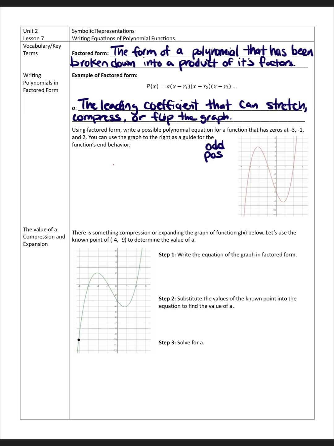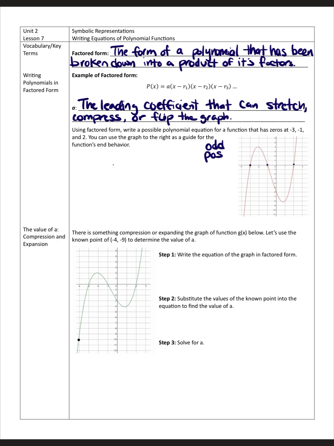So that means that this graph is going to be an odd degree. And we can guess by looking just at the roots of this particular graph that this is a cubic graph. So this graph has 3 roots or 3 solutions or 3 x-intercepts, okay?